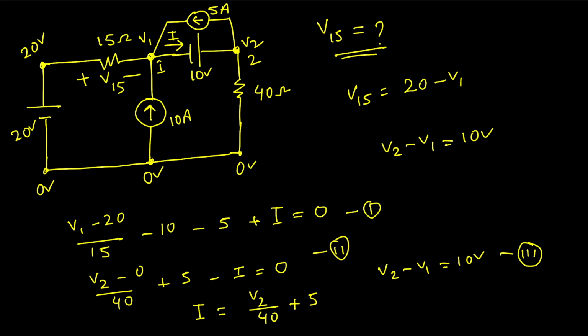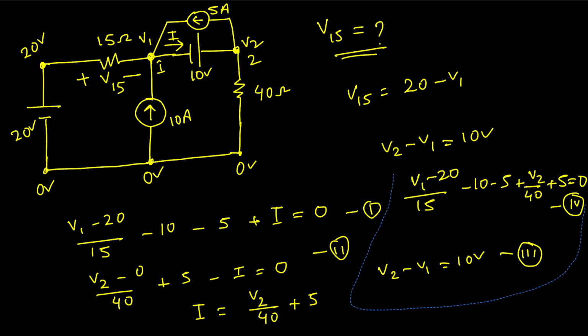And if we put this value in equation 1, we can write down (V1 minus 20) by 15 minus 10 minus 5 plus V2 by 40 plus 5 equal to 0. So this will be equation 4. So now we have two equations, equation 3 and equation 4, and we have two variables. So we need to solve this one.